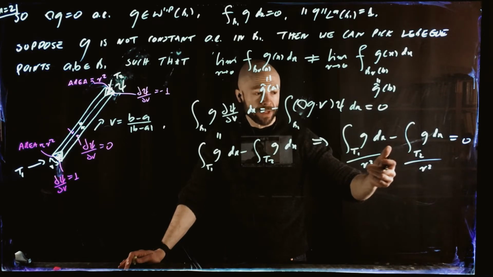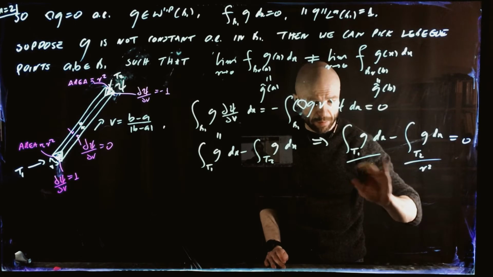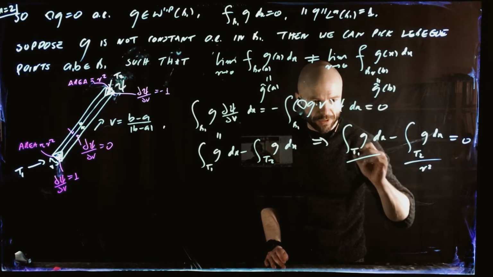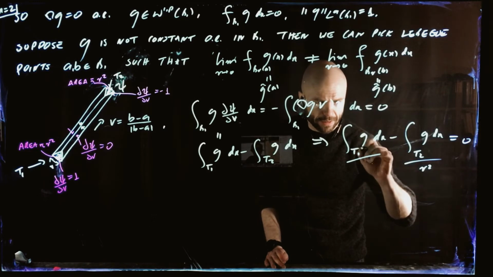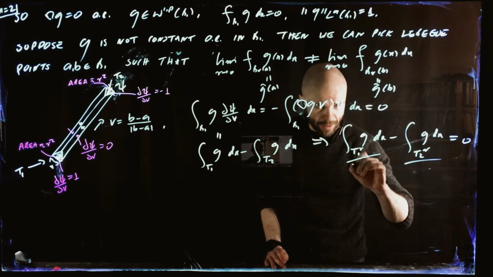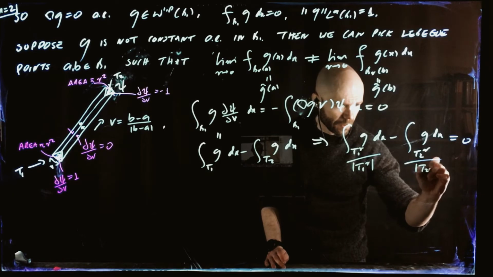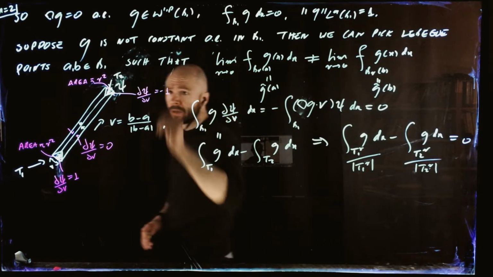So if we're a bit more sophisticated, we don't just divide by r squared, we divide by the area of this triangle, and actually this triangle depends on radius r, so let's call the triangles T1 and T2 of r, and divide by the area like this.